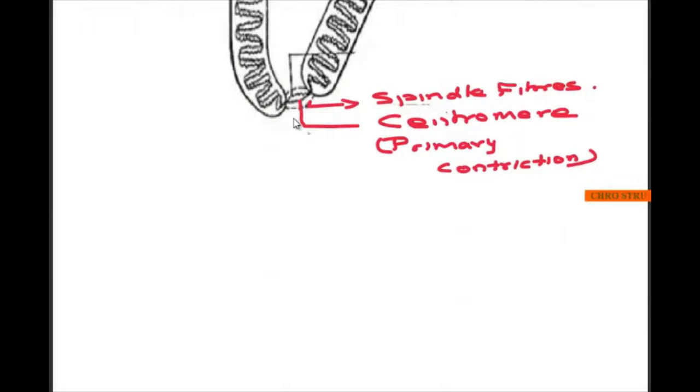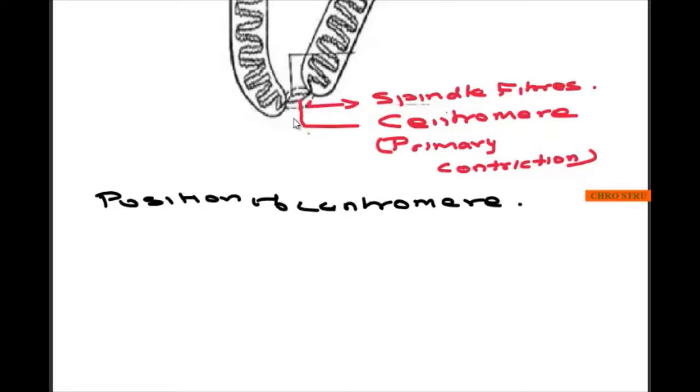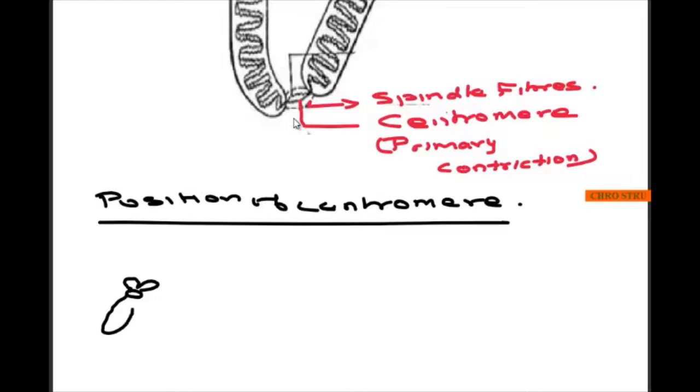Based on the position of the centromere, we classify the chromosome into 4 different types. The centromere can be at any region. It can have a shorter arm at one end and a longer arm at the other end.